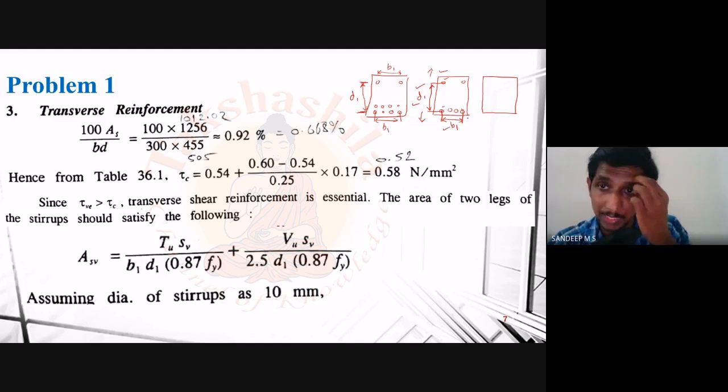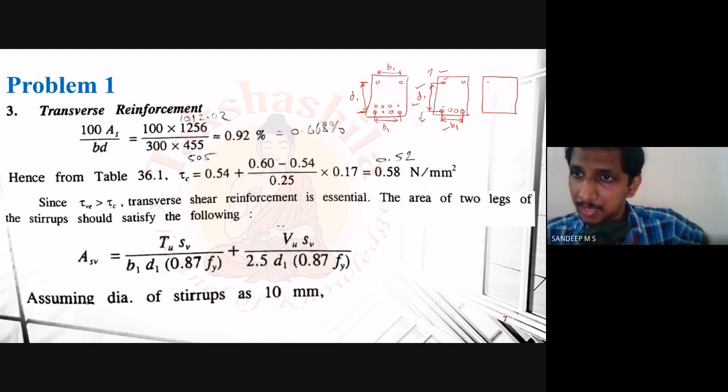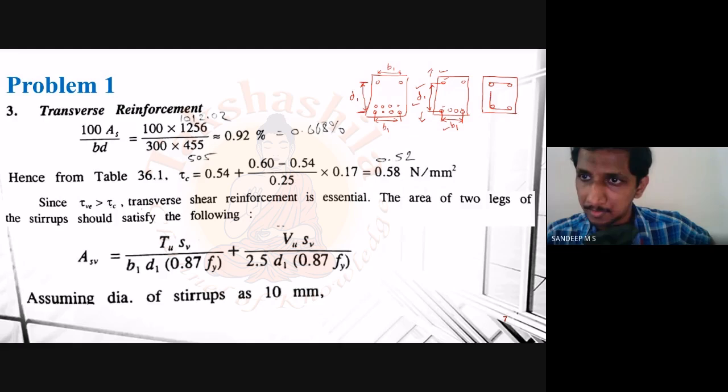It is similar, not equivalent to B1 or D1. And here we will be having at least 4 reinforcements. Then we will provide our stirrups over these reinforcement, and this will again have some thickness.